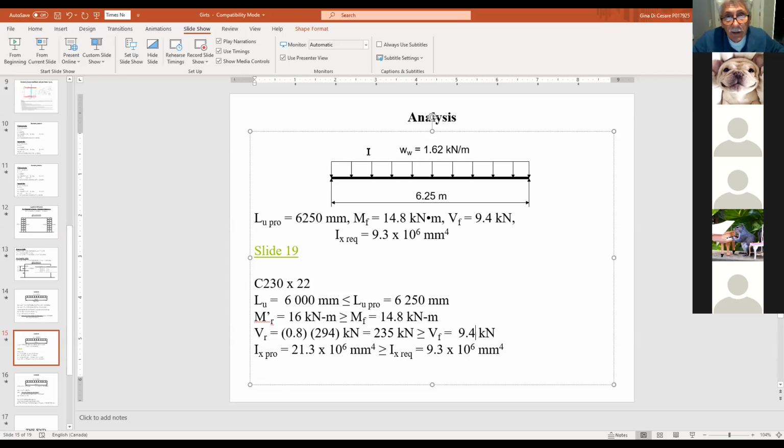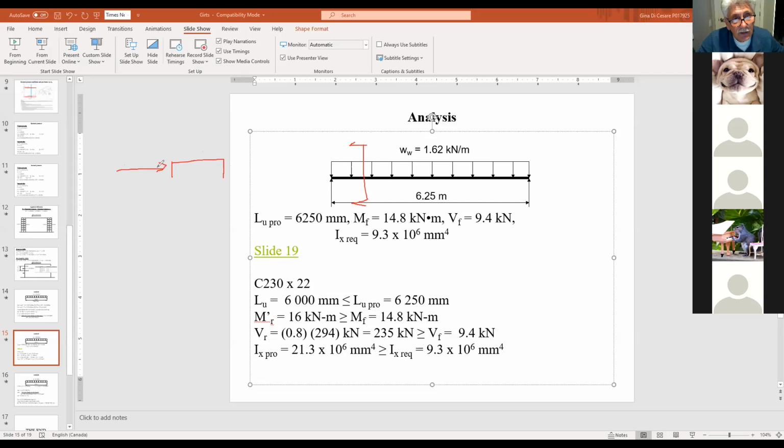So keep in mind that if I draw a cross section here, you're going to be putting the channel like this. In other words, this is the strong axis, so therefore it can resist the wind.